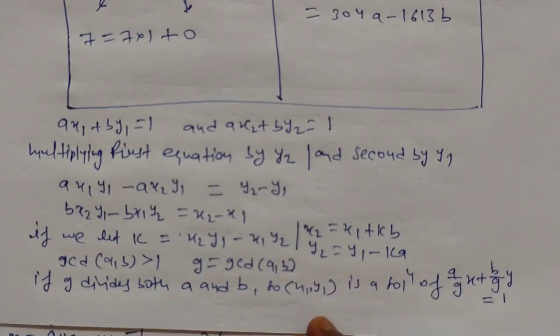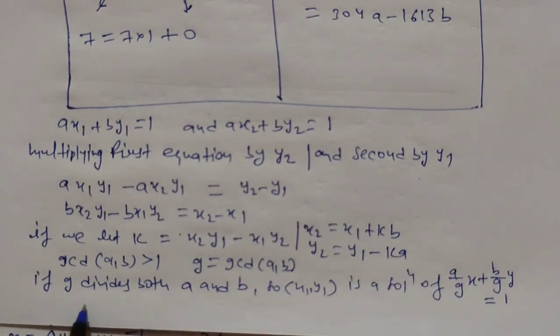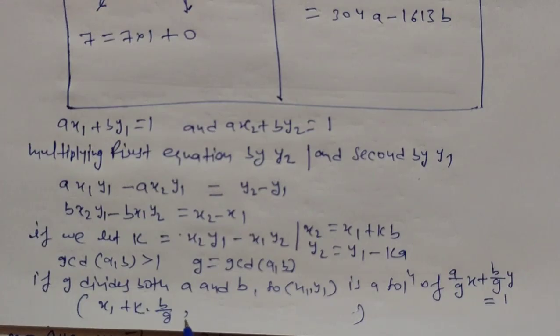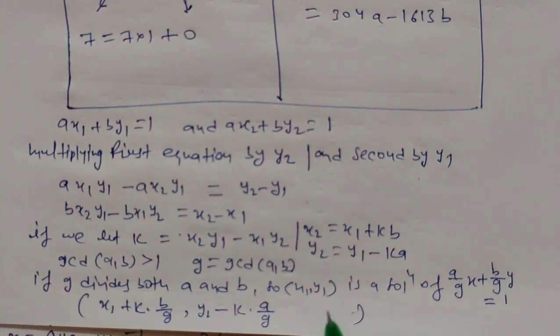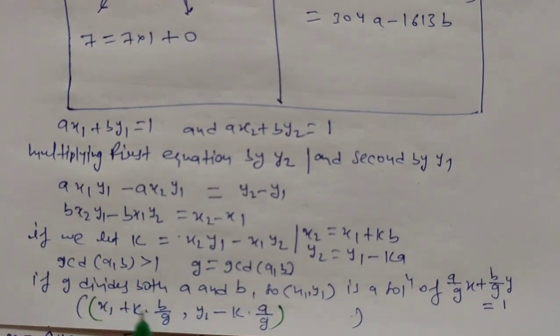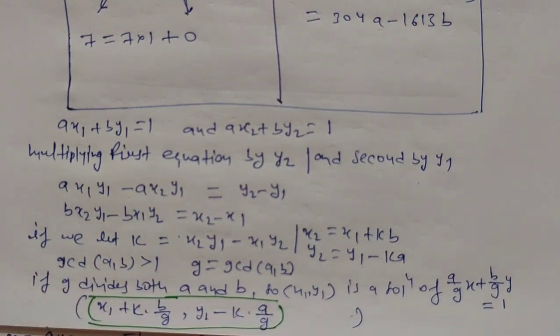So we know that every other solution can be obtained by subtracting values for k, and the formula can be written as x1 plus k into b by g, and similarly y1 minus k into a by g. So this is the value we can use, which is the result.